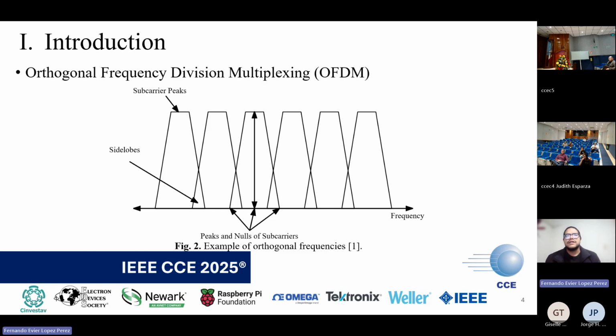Then we have orthogonal frequency division multiplexing. This is essentially a multi-channel technique that allows us to divide the communication channel into sub-channels so that we can use different frequencies to help us mitigate timing issues when trying to send information.